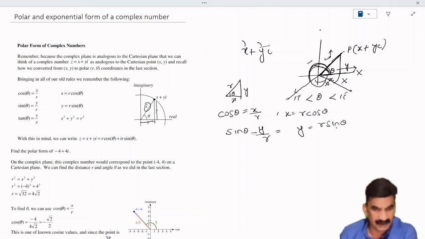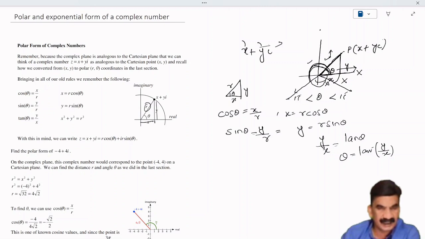For the theta that I was talking about, I could either write x by y or y by x. Cot is difficult to evaluate, so I would write y by x is equal to tan theta. And then I calculate theta is equal to tan inverse y by x. So how do I write this number in polar representation? x plus yi will be written as r times cos theta plus i times sine theta.